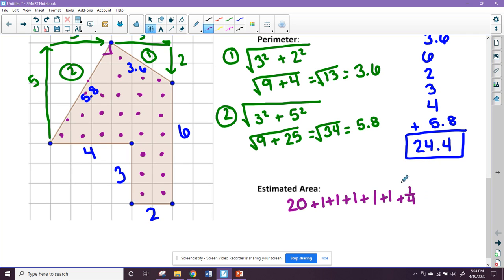If you wanted to go that exact, but again, it's an estimation. So if you just ended with 1, it wouldn't be as big of a deal. So 20 plus 1, so 21, 22, 23, 24, 25, and a fourth is going to be our estimation for our area of this figure.